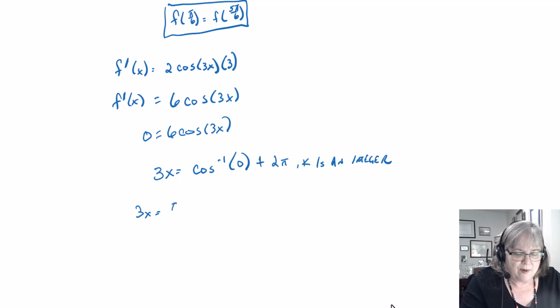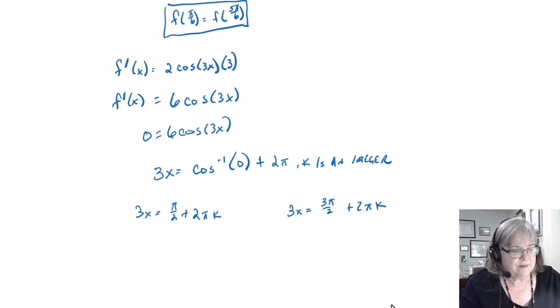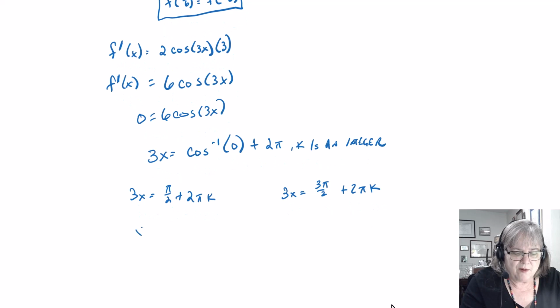It's equal to 0 at pi over 2. And I'm going to double column again. And 3 pi over 2. So let's divide everybody by 3. Remember, you divide all the way across. So you've got pi over 6, 2 pi over 3 now, and 3 pi over 6, which is actually pi over 2, right?